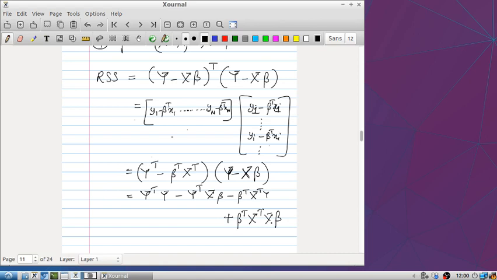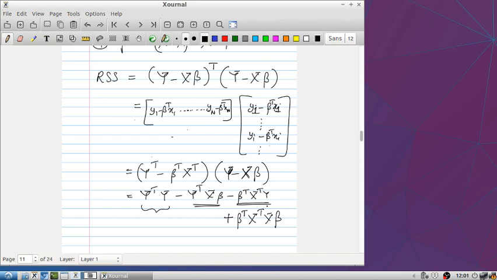Right? 4 terms. The first term doesn't depend on beta. The next 2 terms depend on beta in a linear way. It's like something times beta. So this is like a vector, and this happens to be a row vector, a row vector times beta, and beta transpose times another vector.